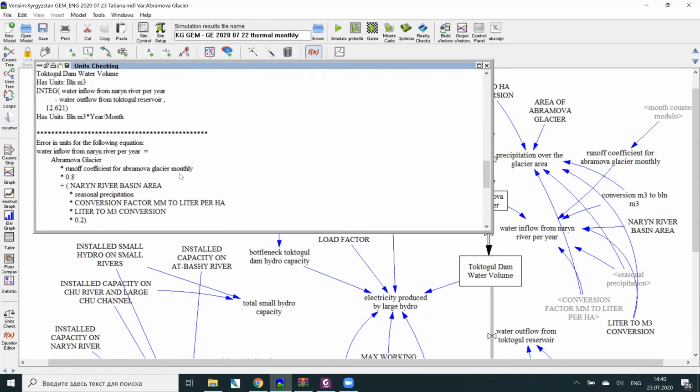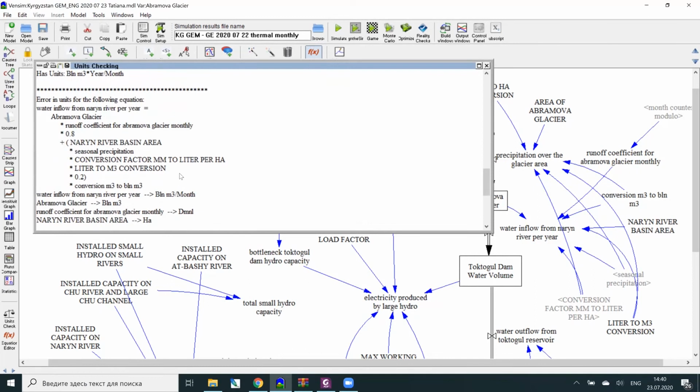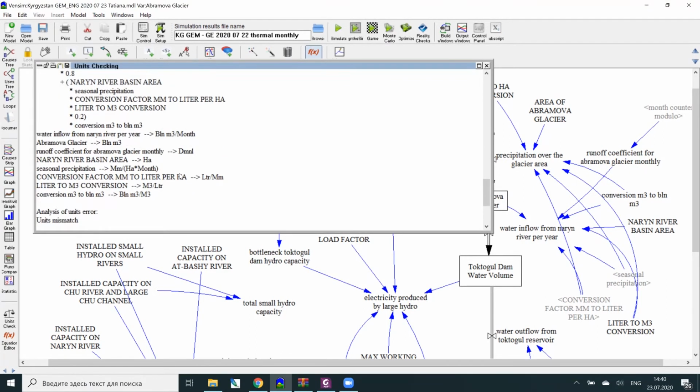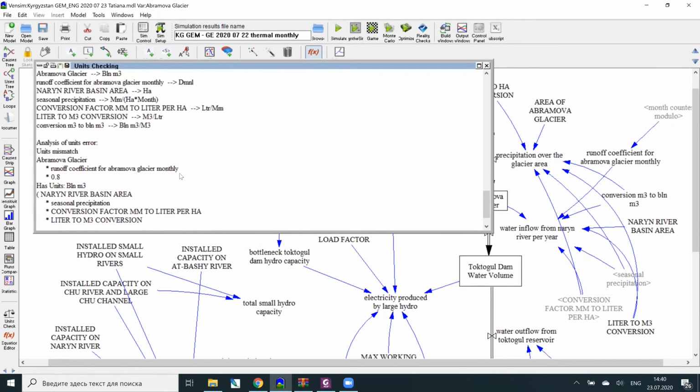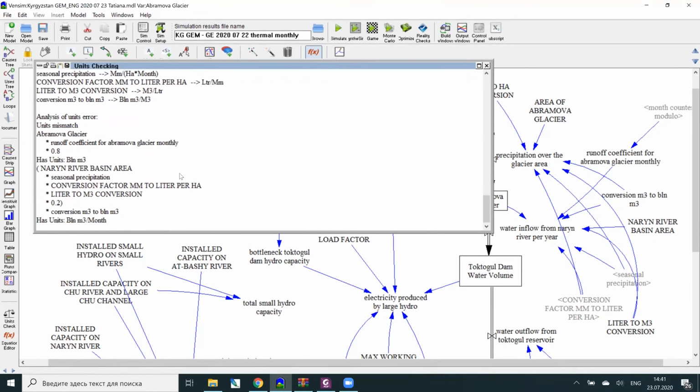And then this one. Scroll down to see the inconsistency. First of all, you see that you have some numbers in the equation, right? So the model doesn't fully match. Technically, every variable should have a unit for the model to be able to calculate all the units. Billion cubic meters. Go down a little bit. That's the bottom.